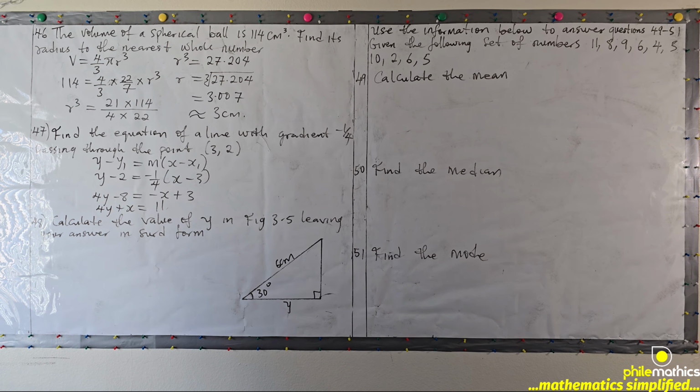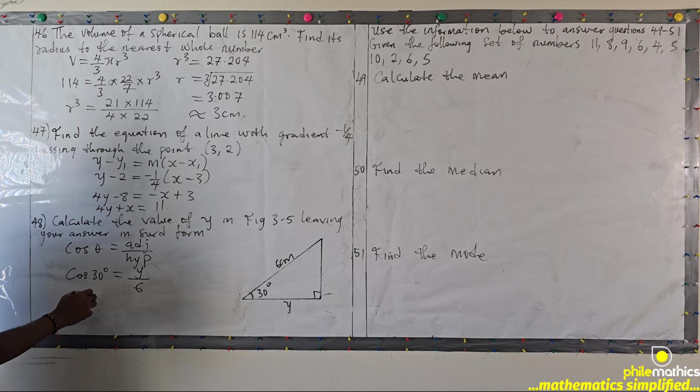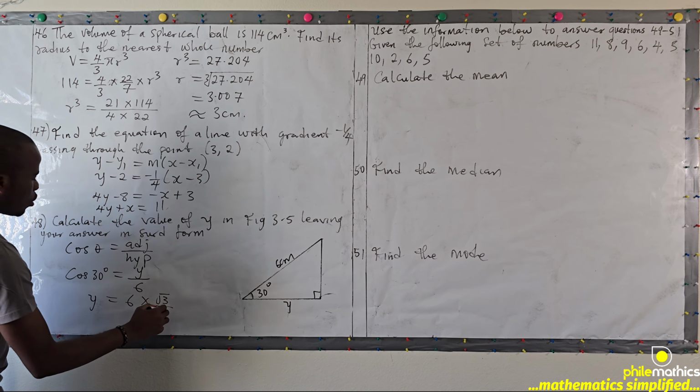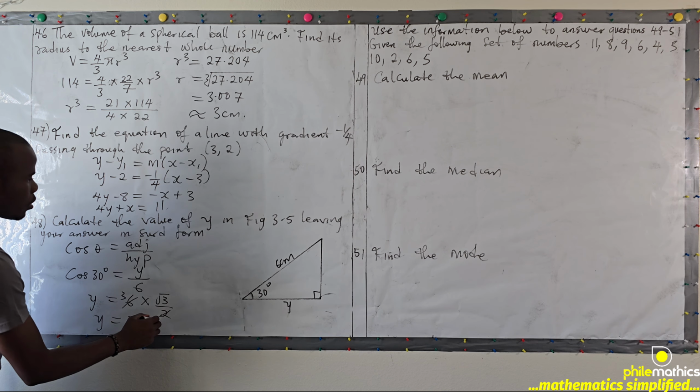Remember, cos theta is adjacent over hypotenuse, and the angle is 30 degrees, so cos 30 equals y over 6. Y is simply 6 times cos 30, which is root 3 over 2. 2 goes into 6 3 times, so y is 3 root 3 cm.